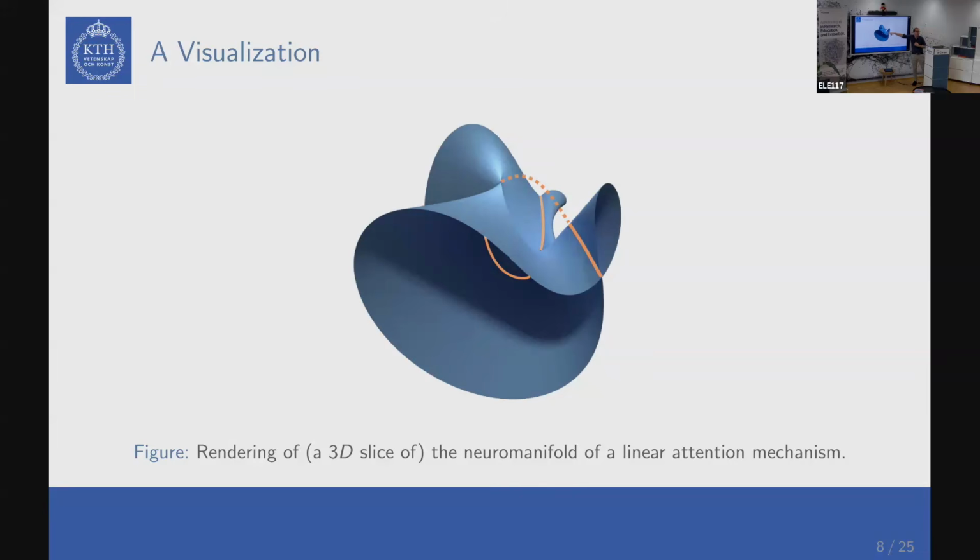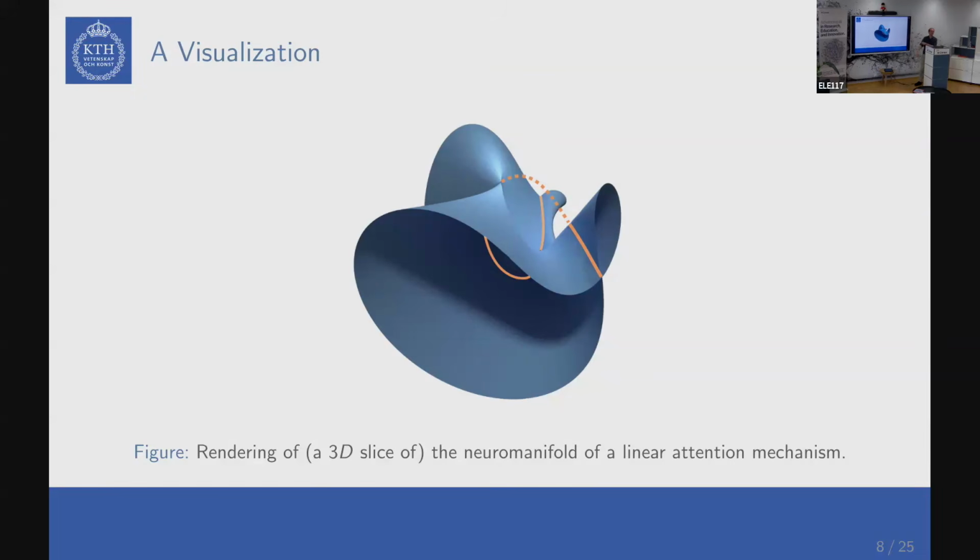The intrinsic dimension of the slice is 2, that surface, but it's a 3D slice of the neuromanifold of a linear attention mechanism. And you see, it's quite weird. It looks more like a Calabi-Yau manifold from before. It has some self-intersections. It has this very weird line that comes out and comes back in. We will get back to this line.